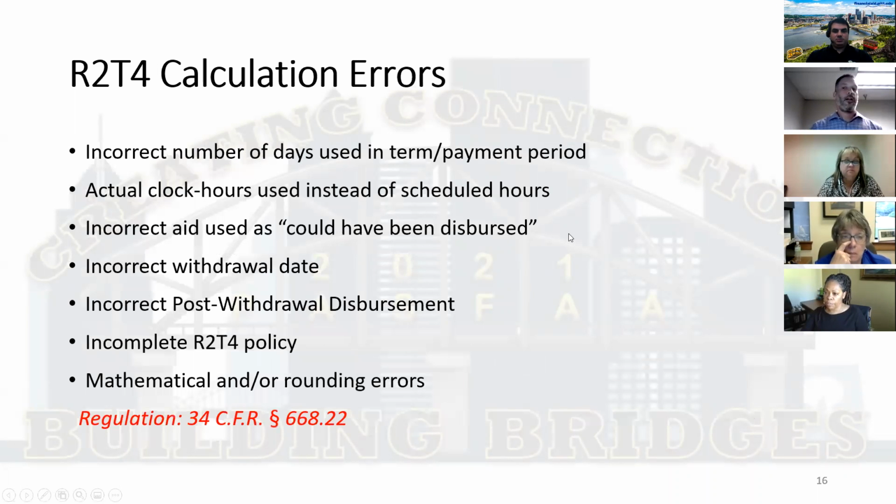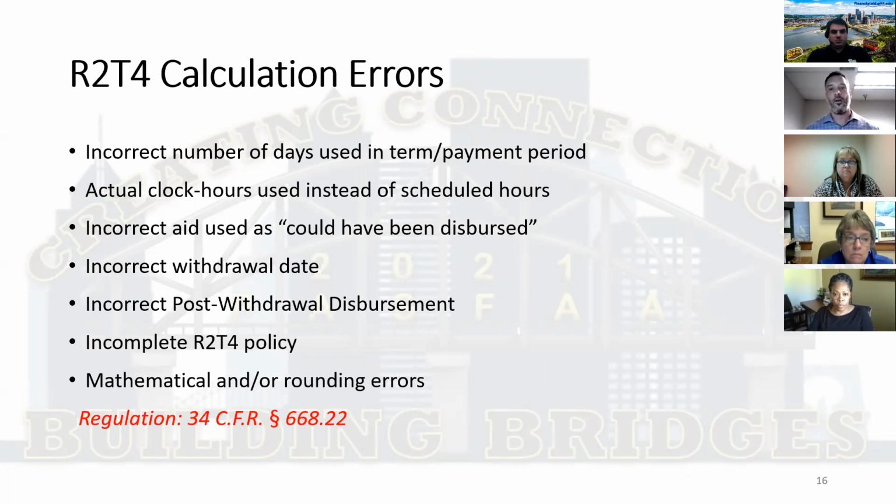So the big one, the one that the department always finds in all their program reviews, and even auditors find, is errors on the calculation. Incorrect number of days using the term. The actual clock hours instead of scheduled hours. The incorrect aid was used in the wrong bucket. What I mean by bucket is could have been disbursed or could have been disbursable.